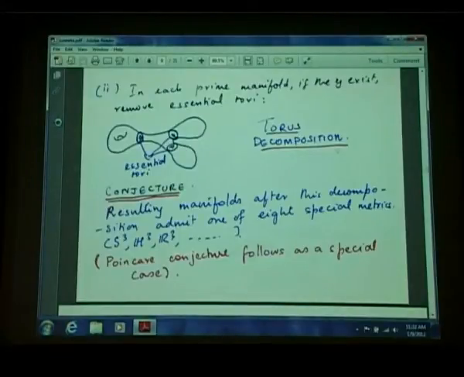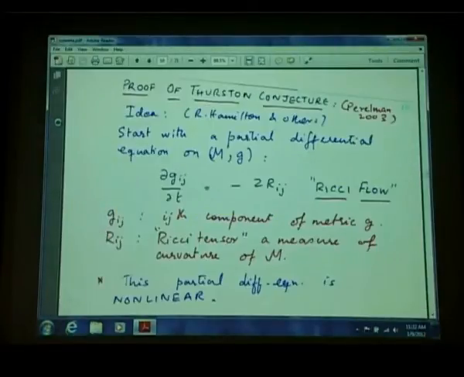So the Poincaré conjecture, which is actually much older, a 100-year-old problem, follows as a special case of the Thurston conjecture, but I don't have the time to explain the connection between the 2, so I'm going to skip it because I want to get to Ricci flow.